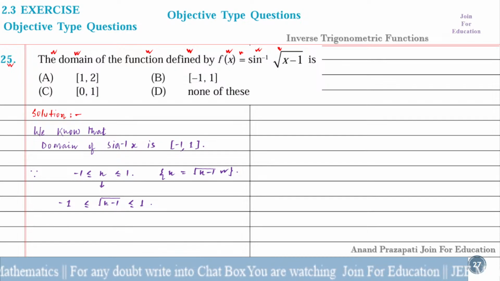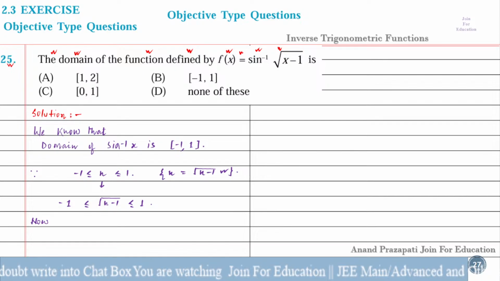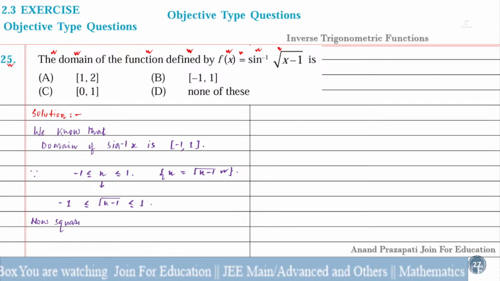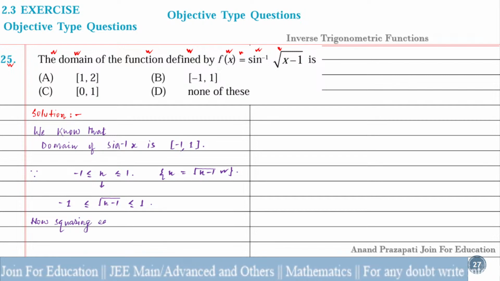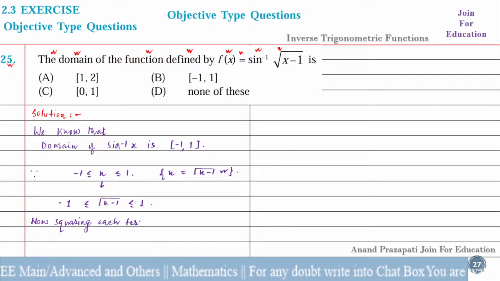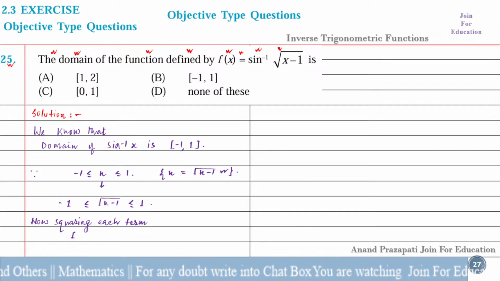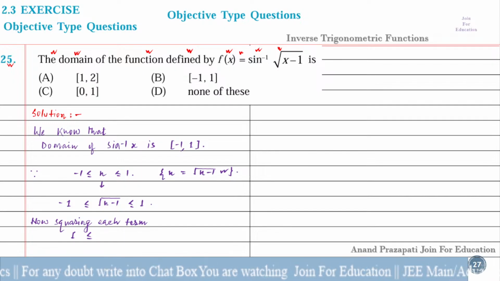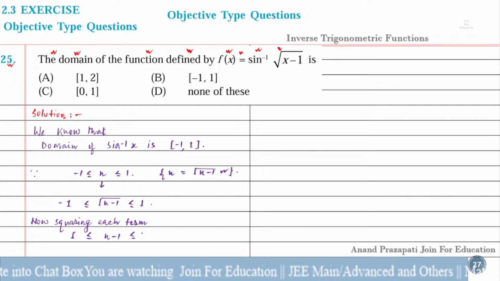Now squaring each term, this one will be 1 less than or equal to x minus 1 less than or equal to 1.